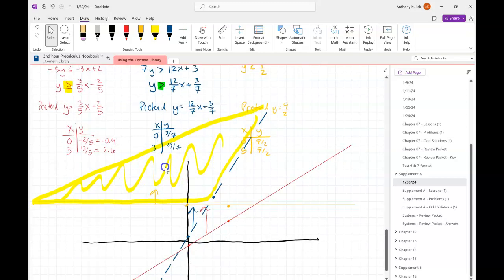So for example, if I pick the point here, that's a solution. It'll satisfy all the equations, right? Or if I picked a point here, that's a solution. It'll satisfy all the inequalities. If I pick a point here, though, that's not a solution because it's on the dashed line. That won't satisfy all of them.